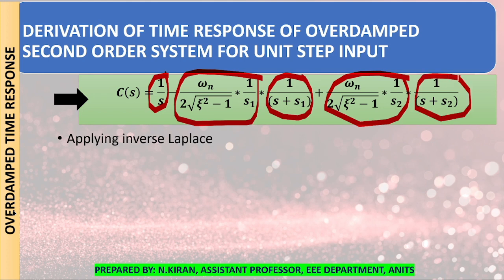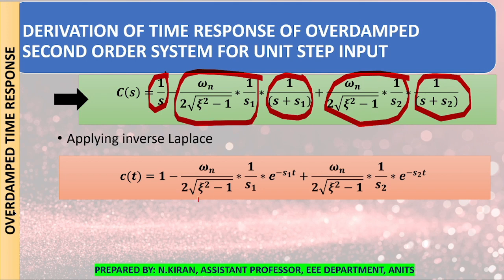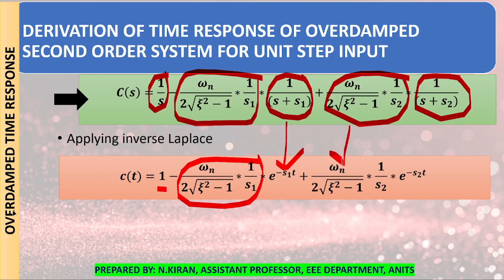So upon inverse Laplace, the first term becomes 1. This entire thing is a constant, so as it is I'll get that expression. Inverse Laplace of 1 by s plus s1 is e power minus s1 t. This term is brought as it is, and inverse Laplace of 1 by s plus s2 is e power minus s2 t.